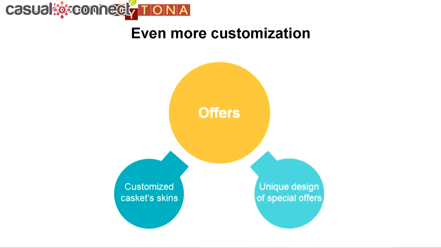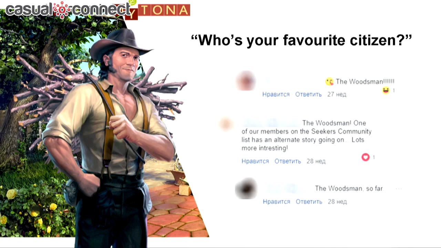Okay, so in addition to various seasonal and event redesigns of this box, we decided to create unique offers with rare content and attractive presentation. I'll show you an example in the next slides. We did a very interesting experiment. We started to notice that despite there being a lot of characters in the game, about 100 of them, our players like some of them more.